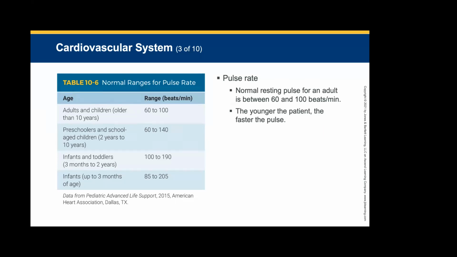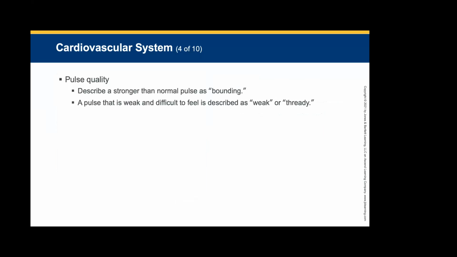So we're going to talk about pulse quality. A stronger than normal pulse is described as bounding. A pulse that is weak and difficult to feel is described as weak. All right, if everybody knows how to check your pulse on yourself, reach over to one side or the other, I don't care if you're right-handed, touch your left wrist, feel your pulse. That should be a normal working pulse.